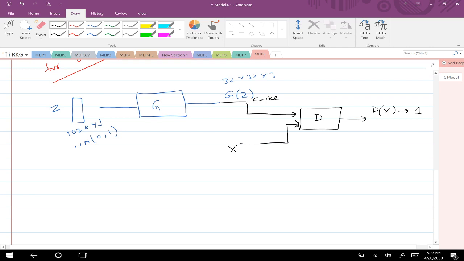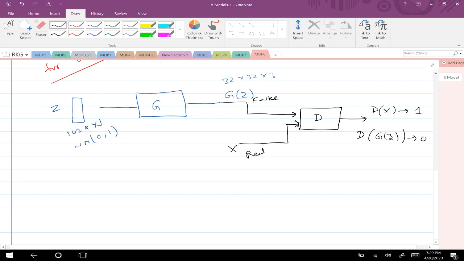It is usually either an autoencoder kind of thing, or some network with 2-dimensional output neurons, and it generates an image here, and this is a real image. The discriminator gives a probability of 1 for x, and also gives a probability of 0 for the fake sample.